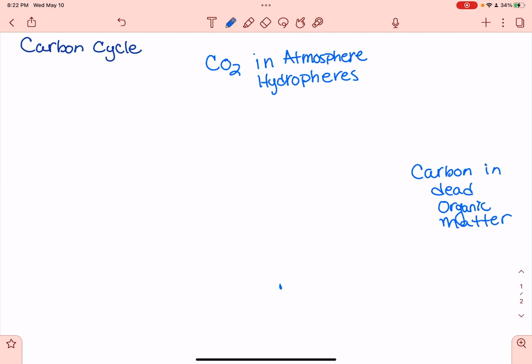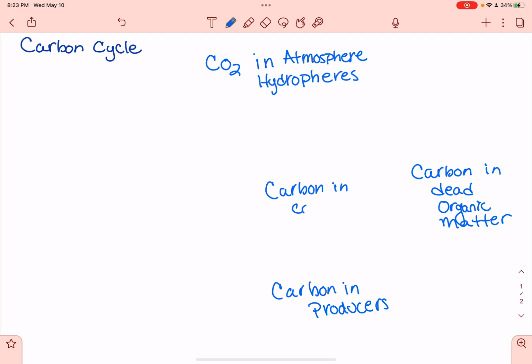Then we're going to look at carbon in producers. Carbon in consumers. And carbon in fossil fuels.